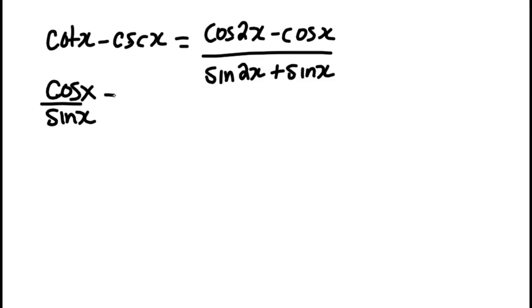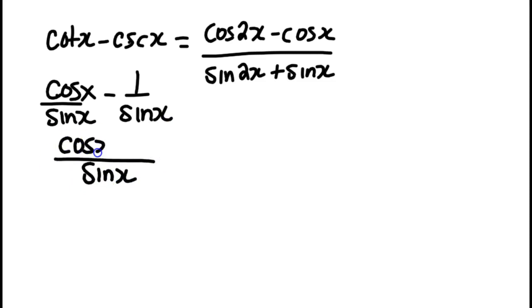What's its reciprocal? 1 over sine, yep. Okay, so now they both have the bottom of sine, so we can just write one common bottom, and then we can write them together in the top. So all I did was put the common bottom together. Okay, so that's this side.